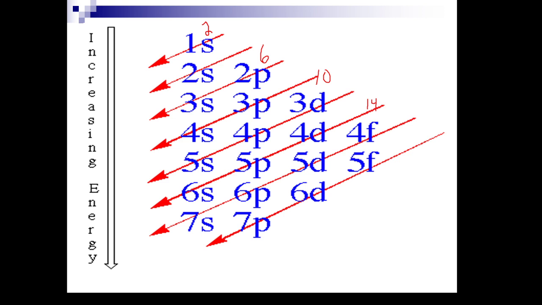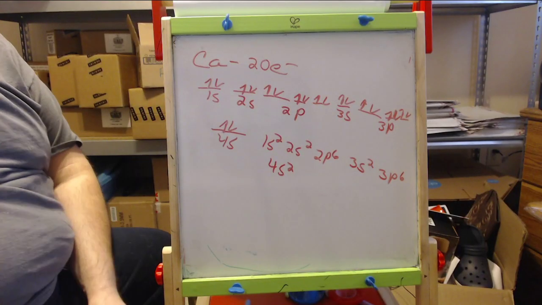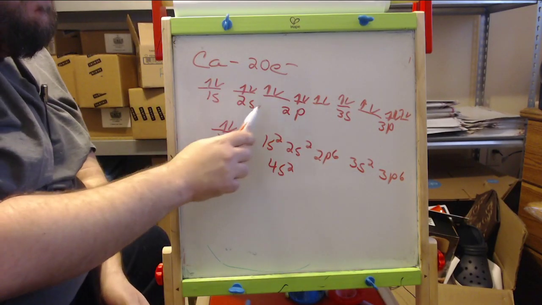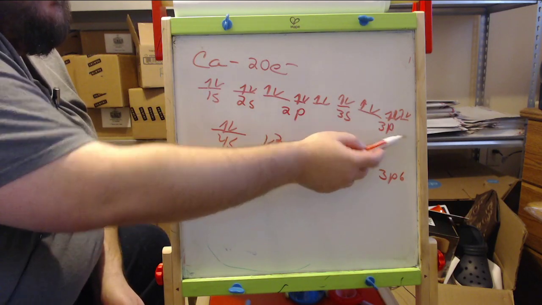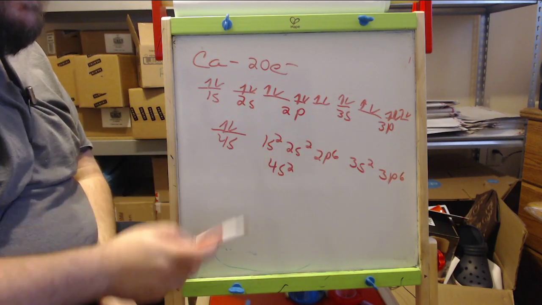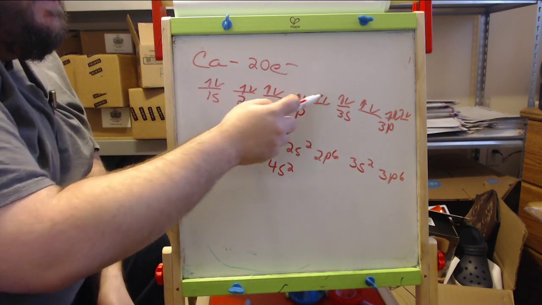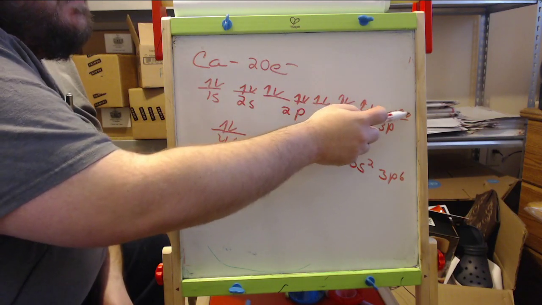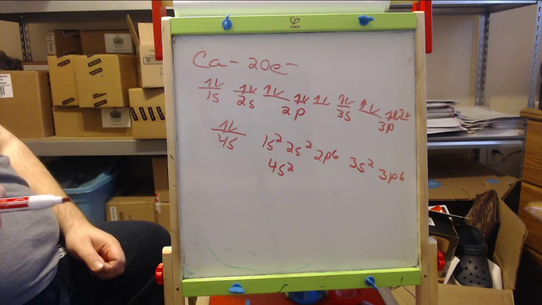So it looks like this: 1s2, 2s2, 2p6, 3s2, 3p6, 4s2. 2, 4, 6, 8, 10, 12, 14, 16, 18, 20 electrons.